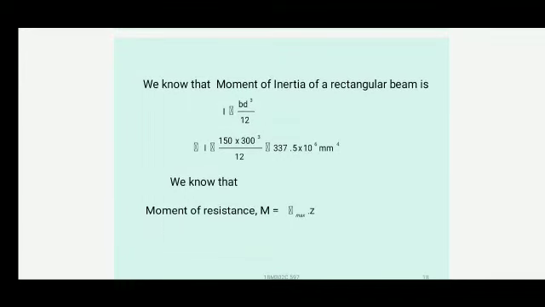We know that moment of inertia of a rectangular beam is I is equal to BD cube by 12. I is equal to 150 into 300 cube by 12, that is equal to 337.5 into 10 to the power of 6 mm to the power of 4.